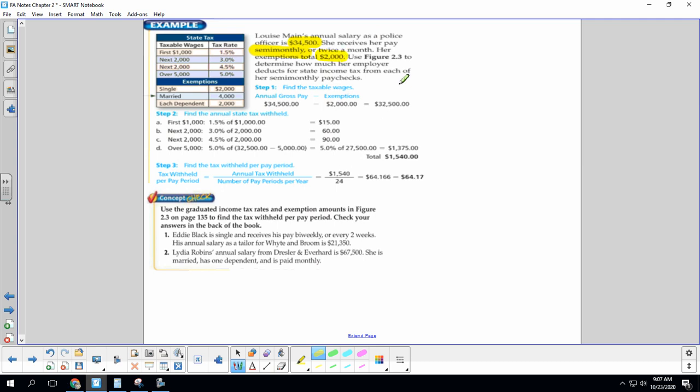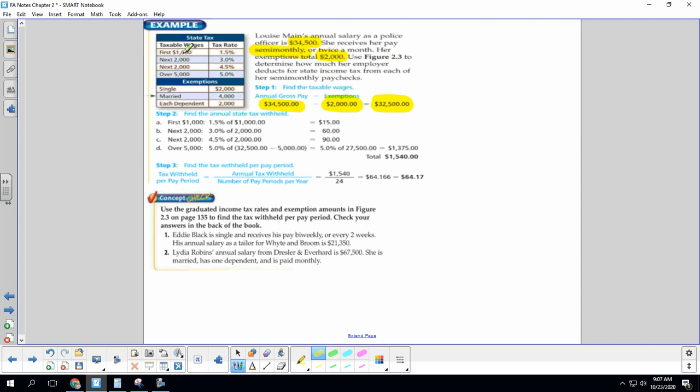Remember from last section, we minus out the exemptions first. That is the same as it was in 2-2. So our annual gross pay minus our exemptions. So we're not getting taxed on $34,500, but we're getting taxed on $32,500.